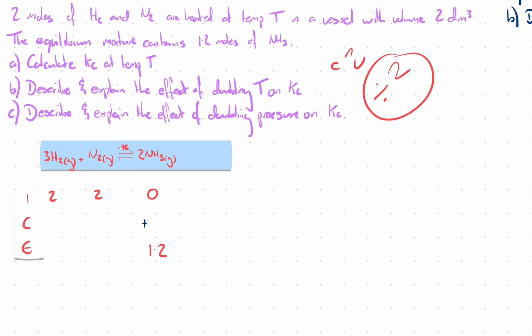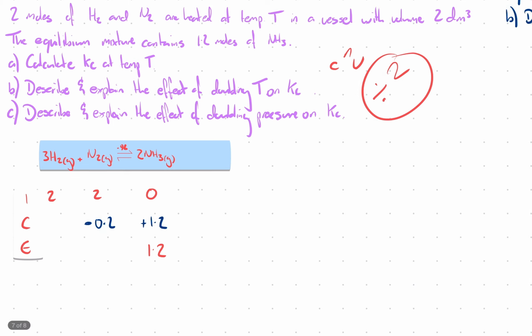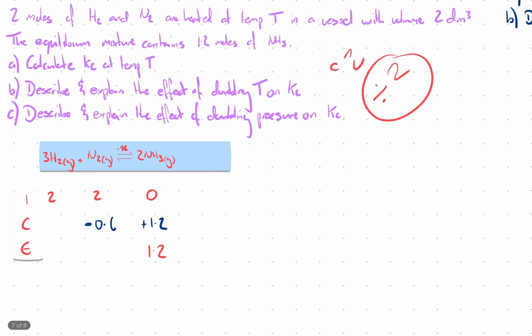So this plus 1.2, and now I use my molar ratios to work everything out. If I've gained 1.2 here, I've lost stuff over on the other side. Here, 2 to 1 ratio, I need to divide that change by 2, so minus 0.6, and there I get to 1.4.